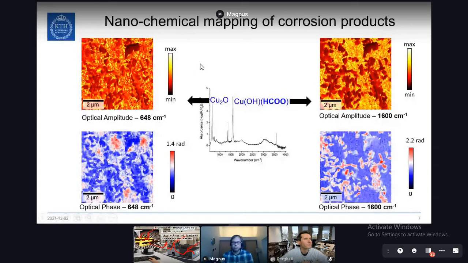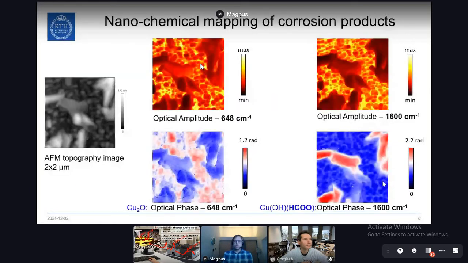So we have then been able to separately map on the nanoscale the copper oxide corrosion product and the copper hydroxyformate corrosion product. I also would like to zoom in on this 2 by 2 micron AFM topography image. Again, you can see at the top the amplitude, reflectivity images at 648 and 1600 wave numbers. But mostly I would like to focus on these lower images, which show the phase, which is related to the IR absorption.